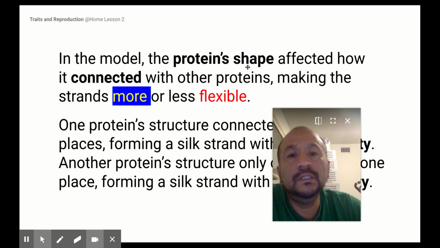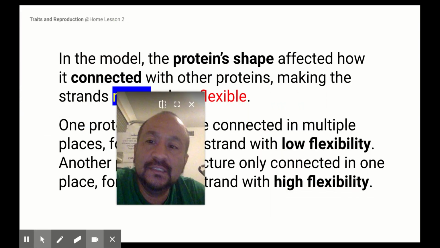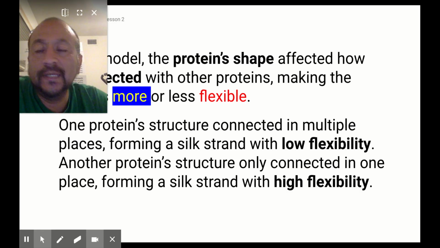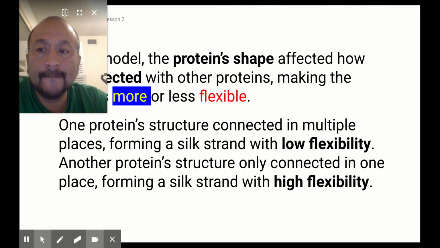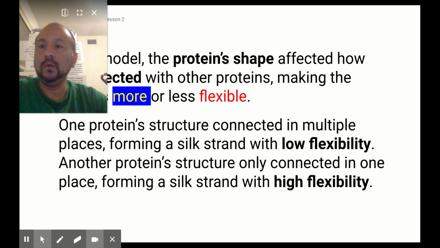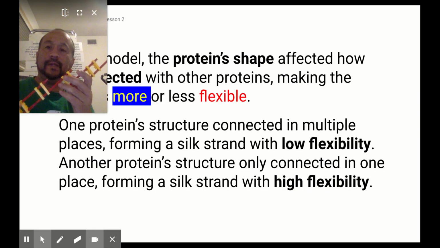In the model, the protein's shape affected how it connected with other proteins, making the strands more or less flexible. One protein structure connected in multiple places, forming a silk strand with low flexibility. So the stronger one, which I have here, has less flexibility, right?